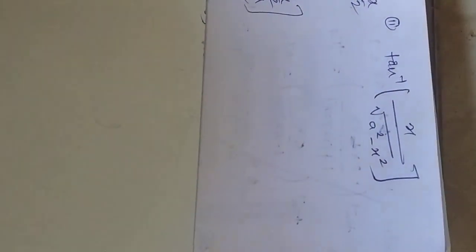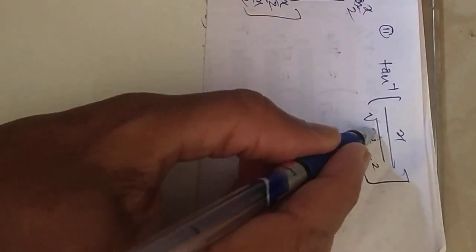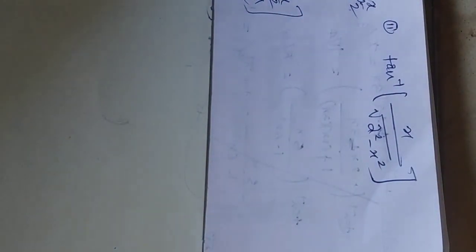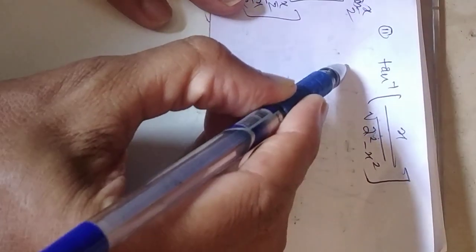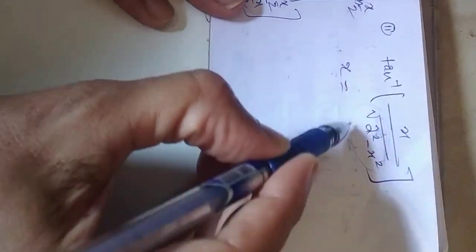Next question. If you look at this question, there is one change you can notice, that is the value of a is coming over here. A was not there so far in all the assignments. For the time being, consider a as 1. So it will be x upon a, and you should replace x with something. The better replacement to simplify is nothing but sin theta.